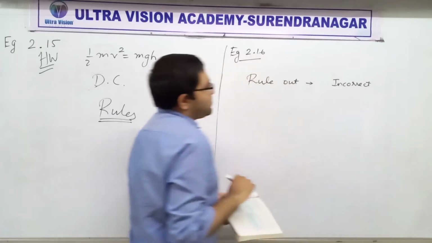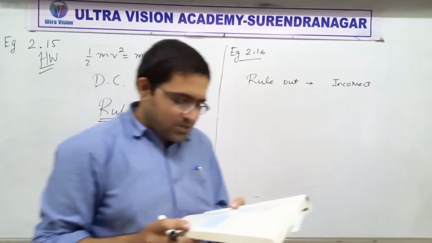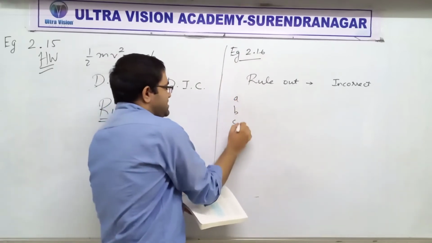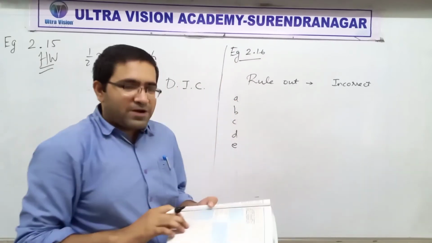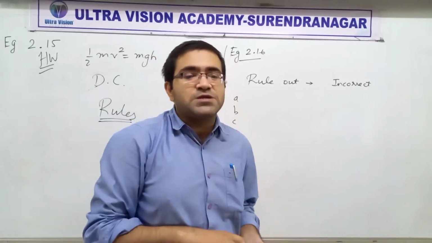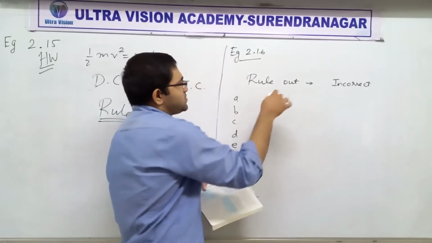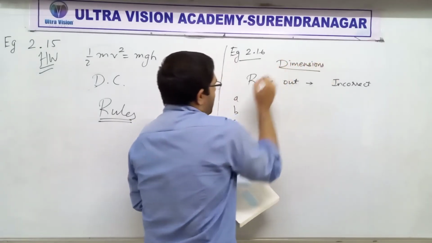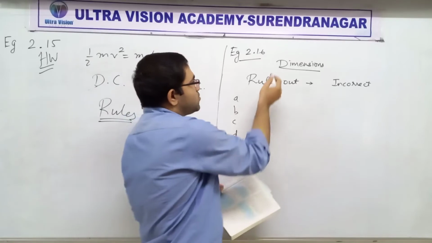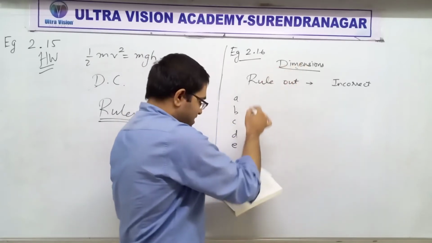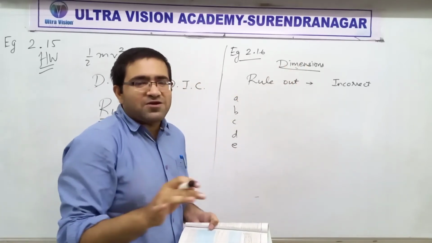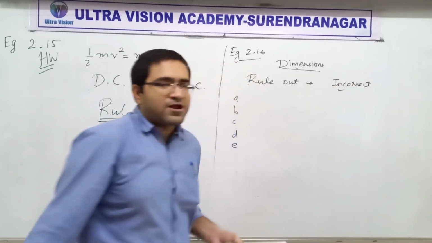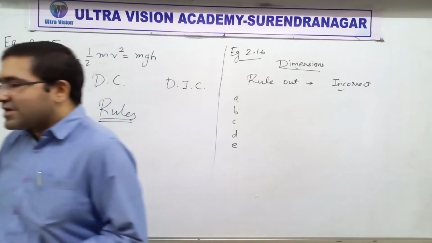Out of A, B, C, D and E. On the basis of dimensional arguments means you have to check all these using the rules of dimensions. And you have to decide which is definitely incorrect.